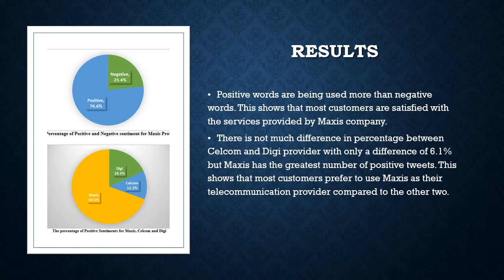By looking at the second chart, for the other two companies, which are Digi and Celcom, there isn't much difference in their percentages. However, Maxis still has the greatest number of positive tweets, which shows that most customers like to use Maxis more than the other two providers.